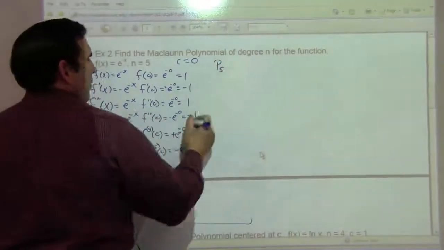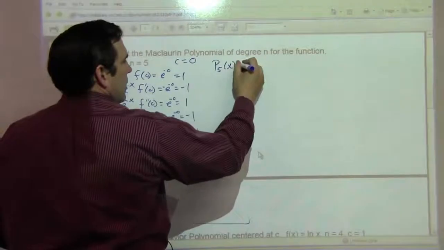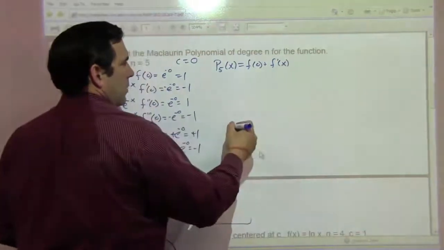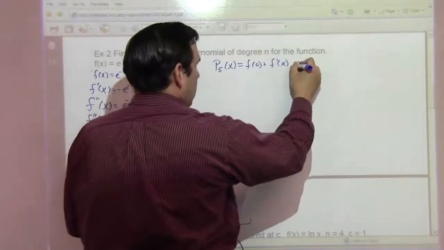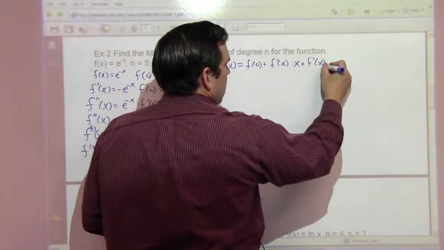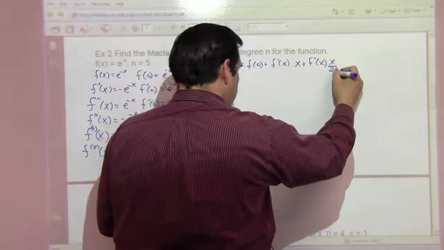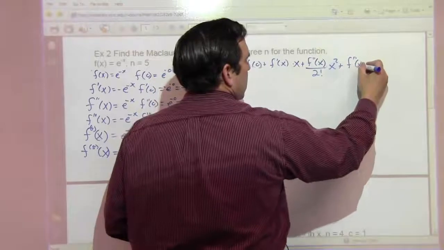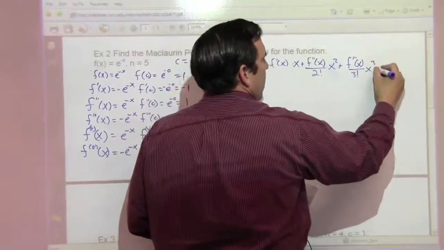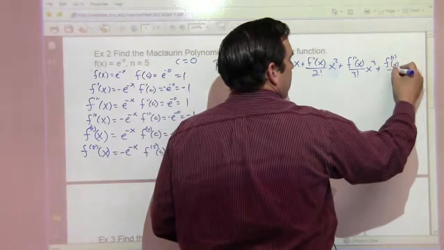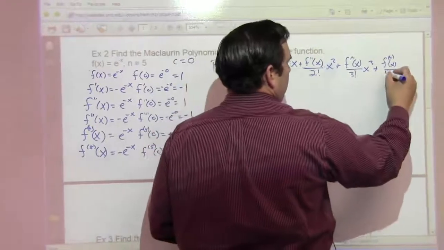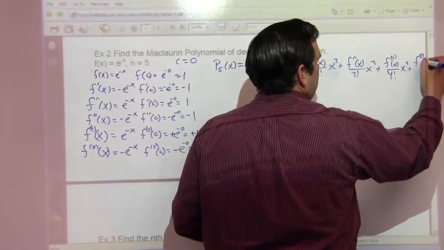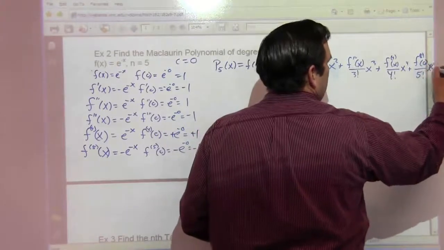So our P5 of x, that's what we're going to go out to 5 here, is going to be f of 0 plus f prime of 0 times x plus f double prime of 0 over 2 factorial times x squared, plus f triple prime of 0 over 3 factorial times x cubed, plus the fourth derivative at 0 over 4 factorial x to the fourth, plus the fifth derivative, I should have said at 0, not at x, over 5 factorial times x to the fifth power.